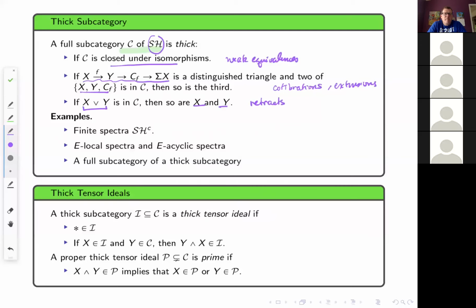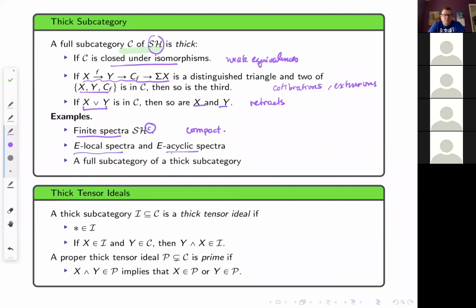Now, an example of a thick subcategory is the category of finite spectra. For the rest of this, I'm going to denote finite spectra with a C. The C is for compact. I guess that makes one think of finite, and it's to be consistent with some of the literature that I'm going to point out.